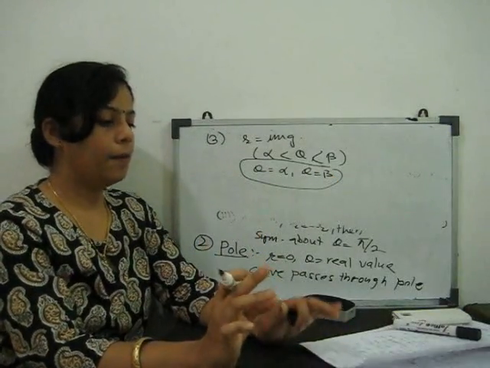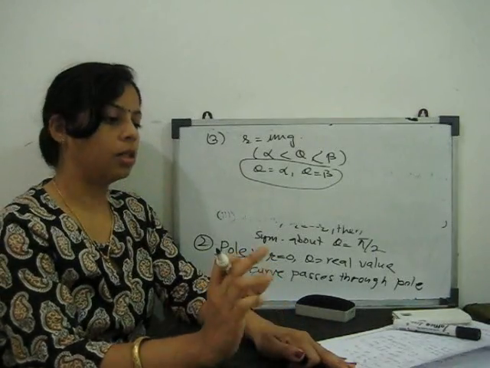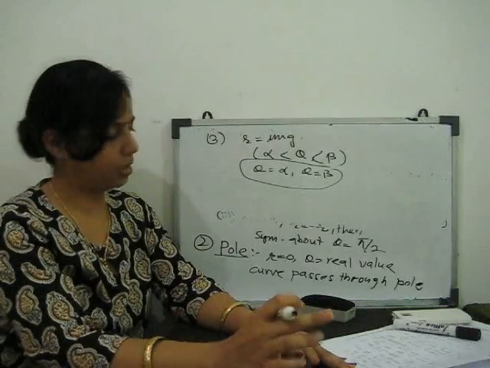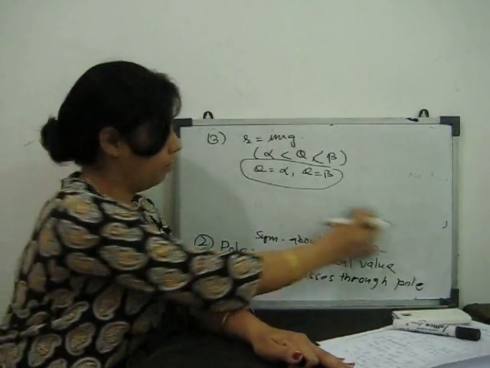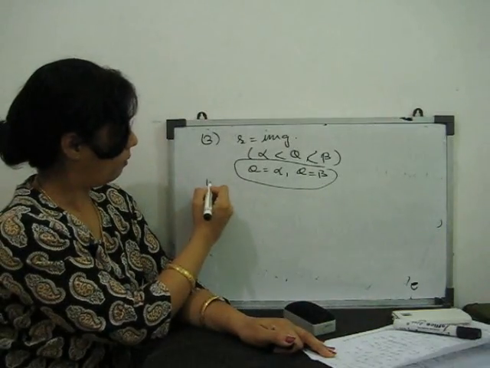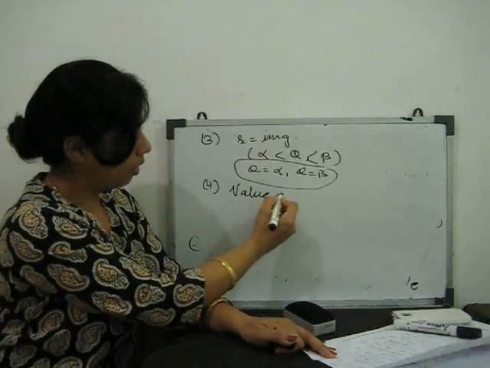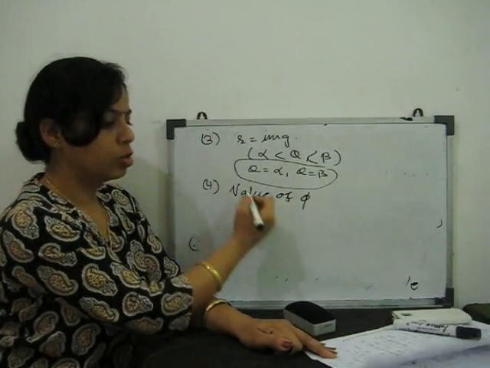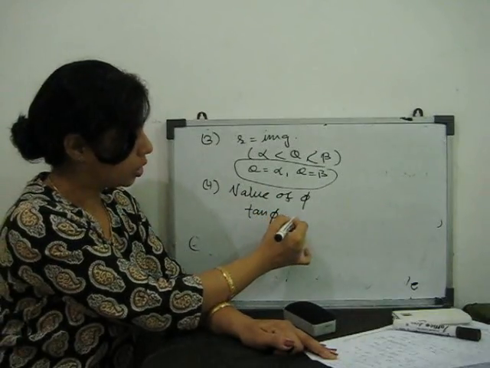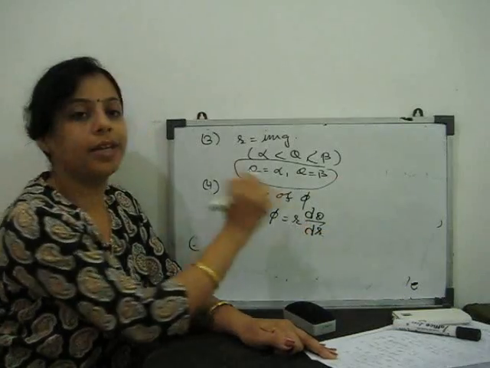Then next, we have to find phi, the angle of the tangent. Sometimes we need the value of phi for some curves. We know tan phi is equal to r d theta by d r, where r is the radius vector.